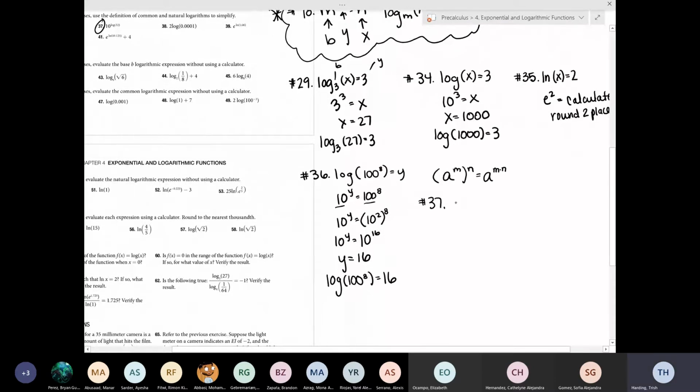Number 37. 10 to the power of log 32, and I'm going to set that equal to y. So then this is my base, so my base is 10, so I'm not going to write it. And it is to the power of log 32.